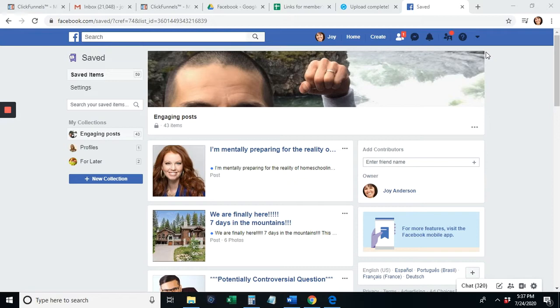And therefore, when you post your own stuff, they're more likely to spread your posts out a little bit further. Similarly, when you create posts that are engaging, which means people want to comment, like, or share, then they will allow your post to go further, okay?